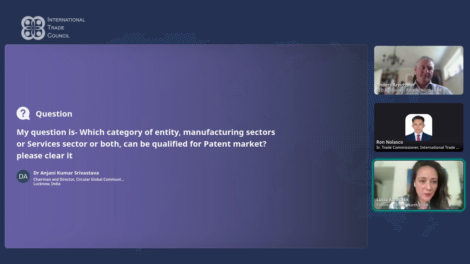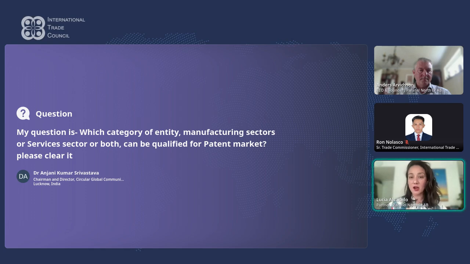Let me see if I understand the question: which category of entity, manufacturing sectors or services sector, or both, can be qualified? Both. It depends, it can be both, it can be a mix. Let me put it this way: most of the patents are going to be for products, yet it does not need to be for a product per se.